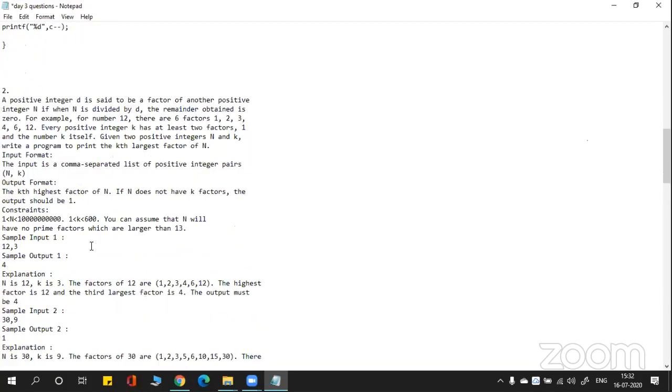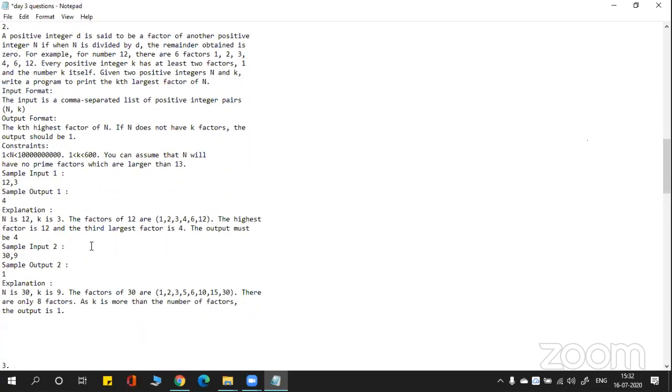Fine, this is the second question. Try this question, read the question and try to understand. The question is the kth highest factor.